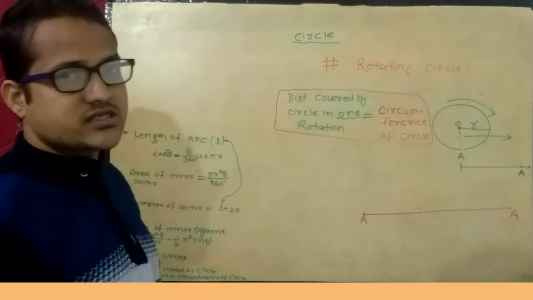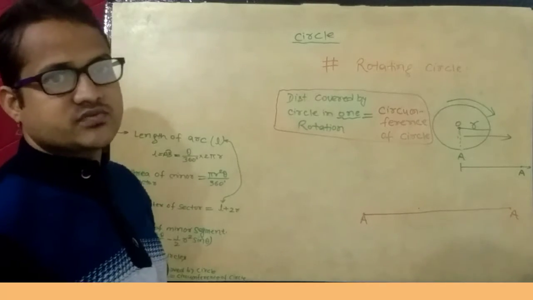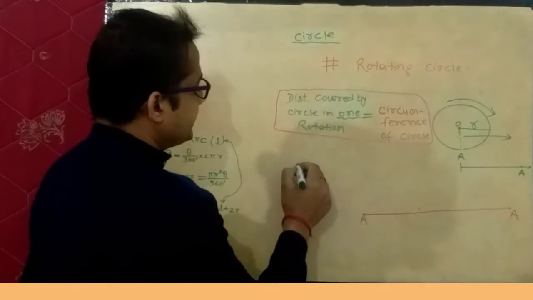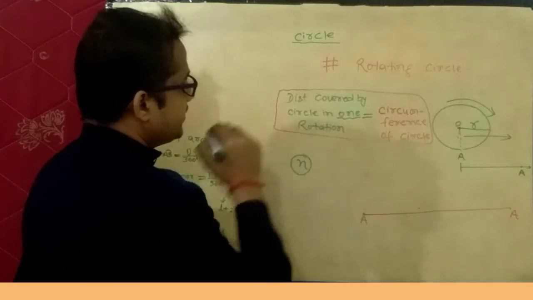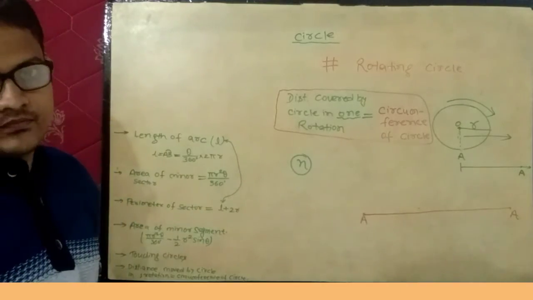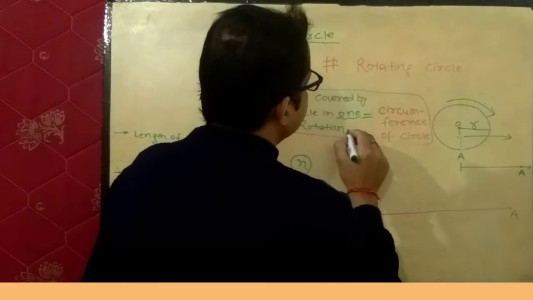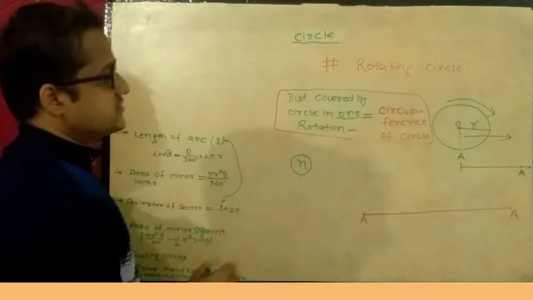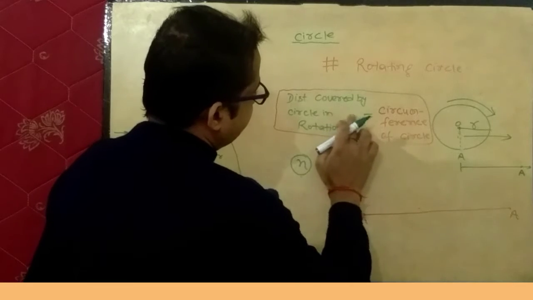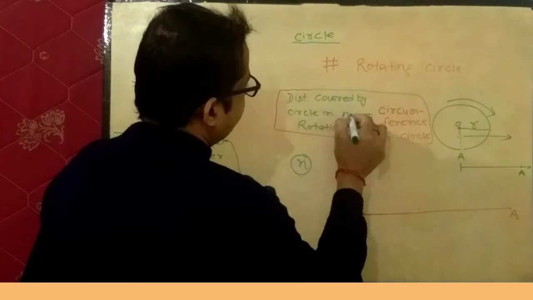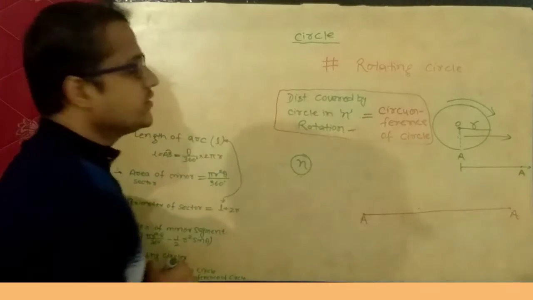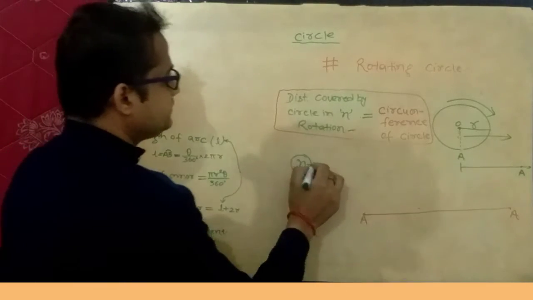In 4 complete rotations, 4 into circumference. If the circle is making n complete rotations, then what will be the distance covered by the circle in n rotations?